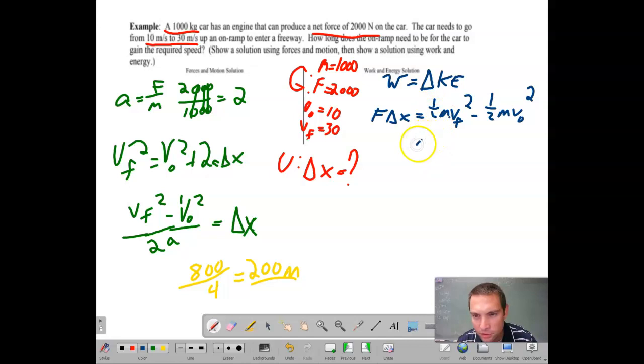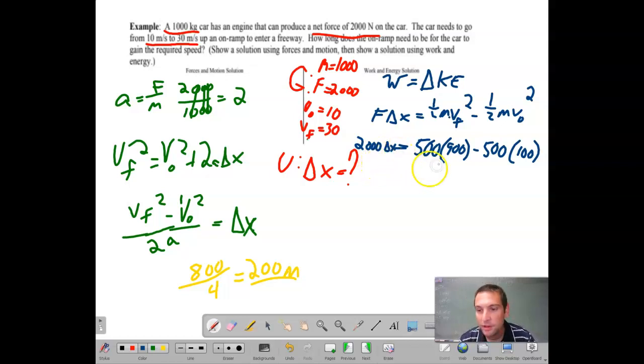Half of the mass is 500 times our final velocity squared, 900, minus half of our mass, 500, times our initial velocity squared, which is 100, equals force, 2,000, times delta x. We're going to divide 2,000 newtons from each side.